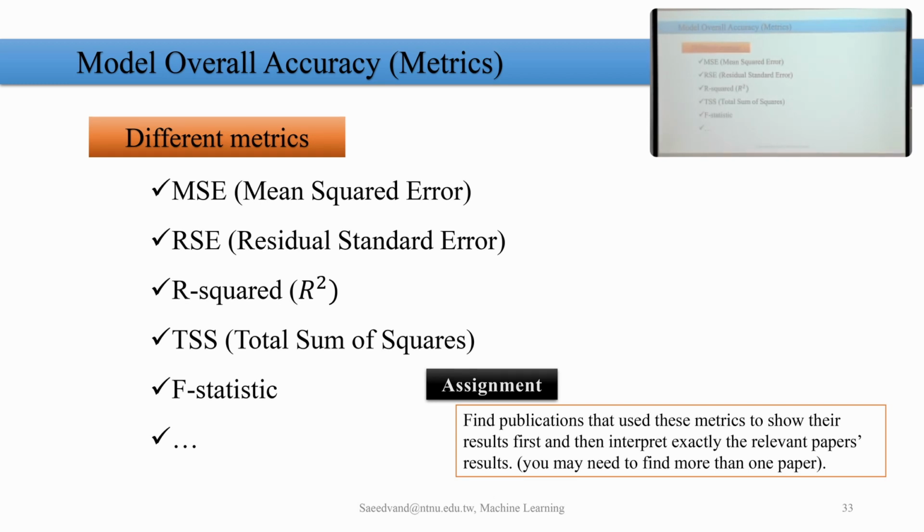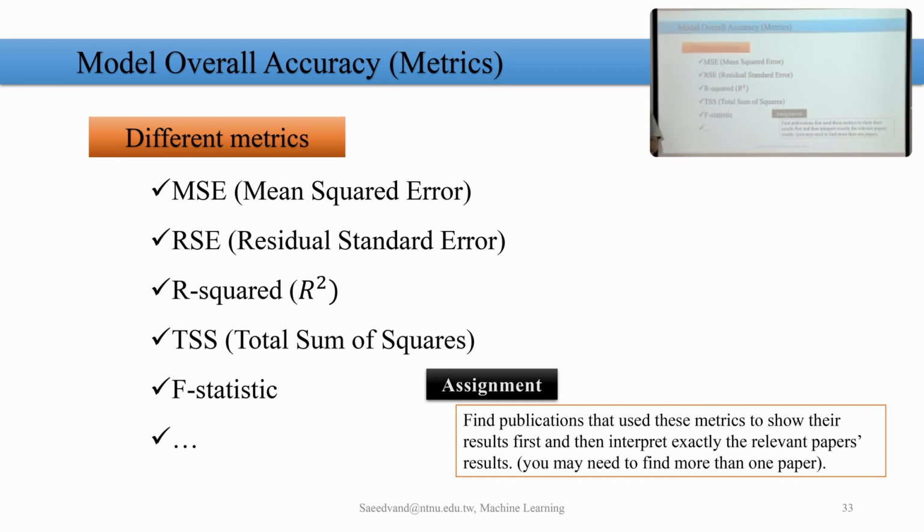So again, we are talking about evaluation of model accuracy. It doesn't matter if it's a simple model or a complex model. Here we discuss it based on simple linear regression models. You had assignments, so this week you should do that. After we study this, you need to find a couple of research papers based on your interest, whatever you're researching, and find that they are evaluating these metrics, then discuss it.